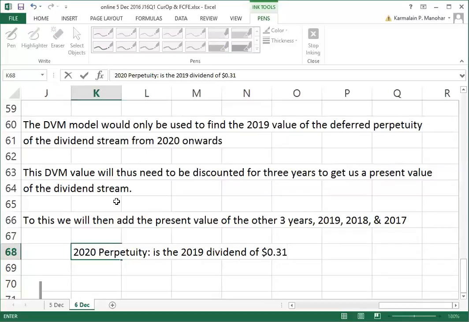So let's punch that into the DVM with a growth of 7%.